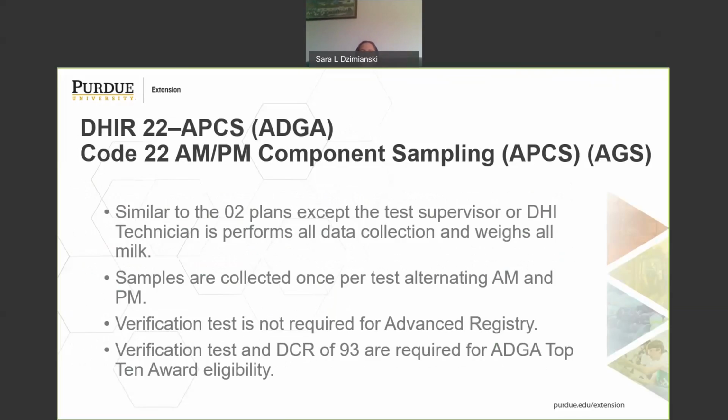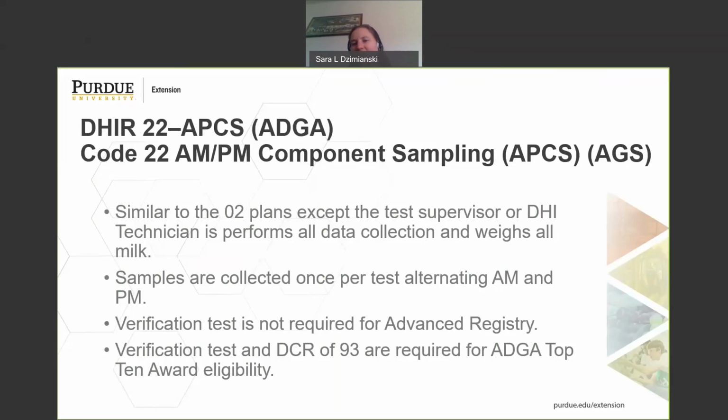Okay, which one is better? Well, I would say that either. Actually, I think this was the one I did instead of the 02. I think I did the 22. So I like DHI 20 if you have a supervisor that can be there twice. Why you would go with one where the supervisor is only present at one milking is because you might have somebody who just doesn't have the time to be there for both milkings.